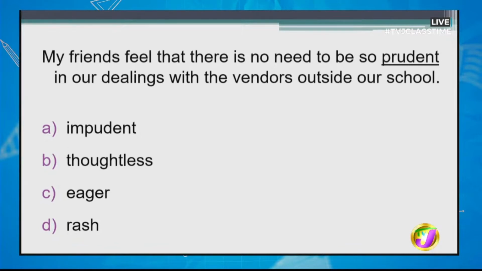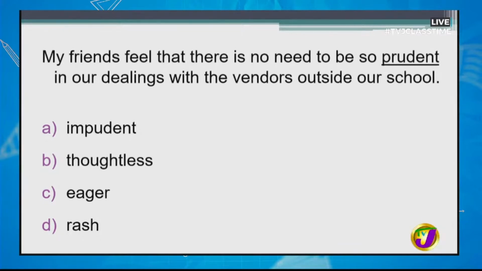That's how I found out what prudent means. Had a friend by that name. So, think about the meaning of prudent first of all, and then which of these four words is the opposite of that? When someone is described as being prudent, what are they?